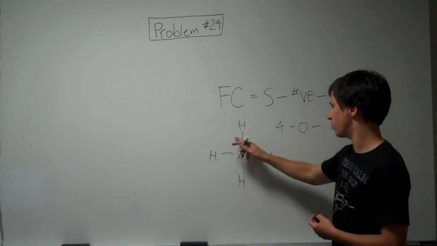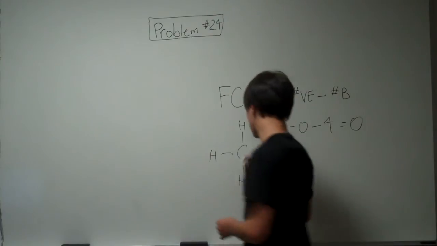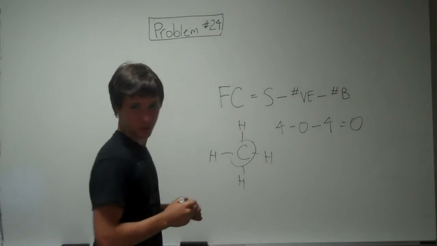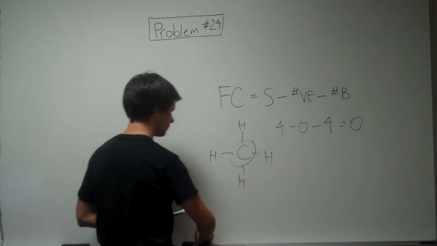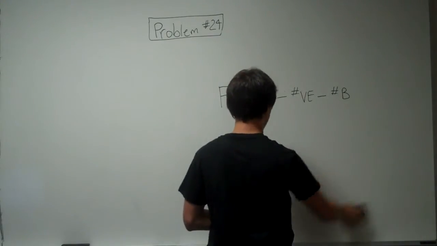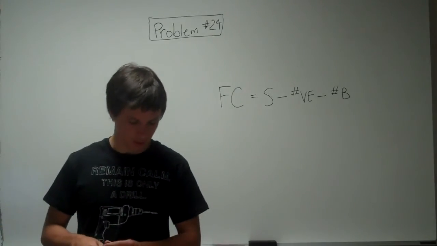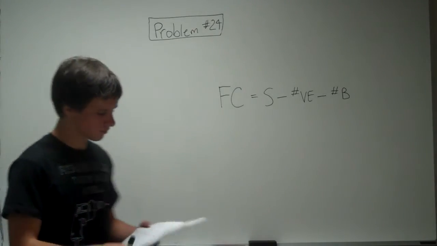So 1, 2, 3, 4. 4 minus 4 is 0. So the formal charge on this carbon is 0. Okay? So let's start looking at these structures that they give us.